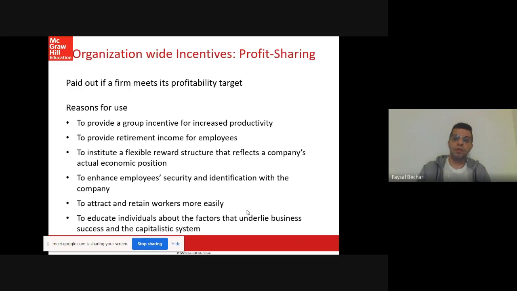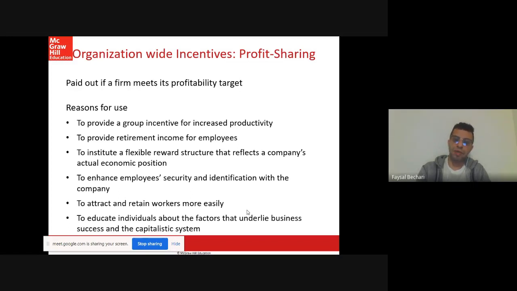And it institutes a flexible reward structure that reflects the company's actual economic position. If they're making a good profit, they're better paid, and if they're making less profit, they're not.